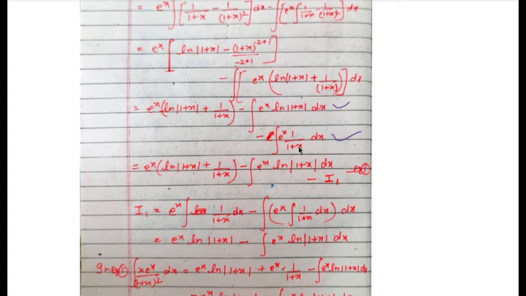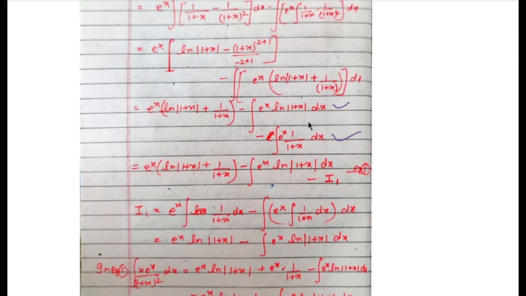Suddenly I realized that if I solve this one and don't solve that one, that will cancel automatically. Because if I choose this as the second function, I will get natural log of 1 plus x.